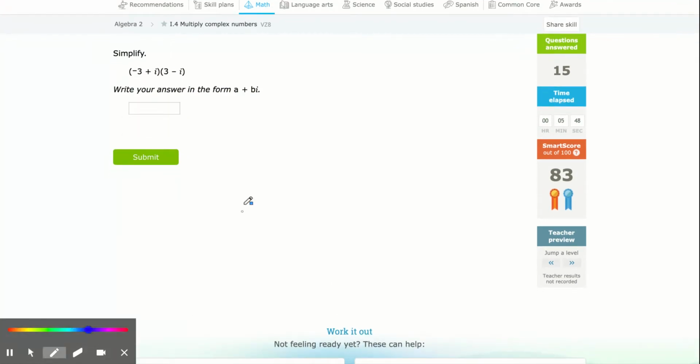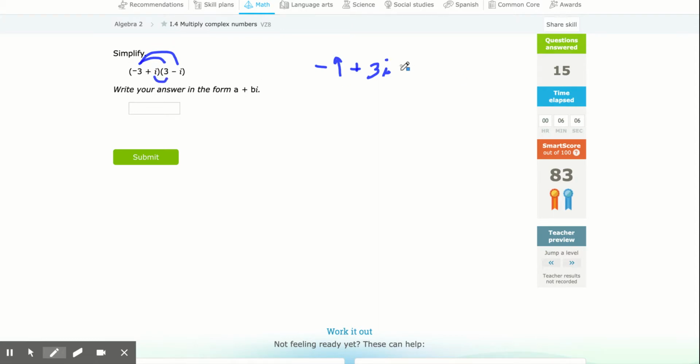Okay, so again, we're going to distribute in. The negative 3 times the 3 will be a minus 9. The negative 3 times the minus i is going to be a plus 3i. The i times the 3 will be a plus 3i.